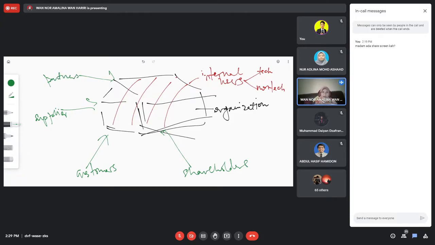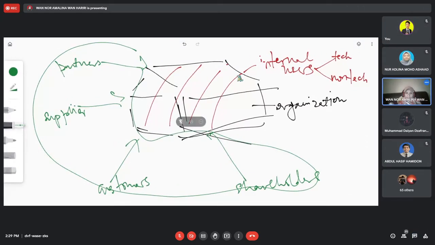They are the stakeholders that are external to the organization, meaning that although they don't work in the organization, somehow they need to access the system located or used in the organization.